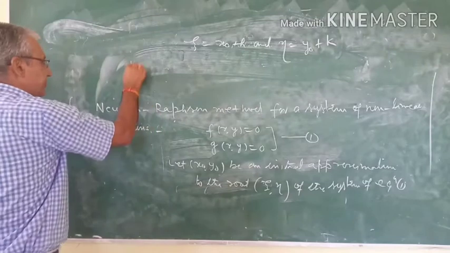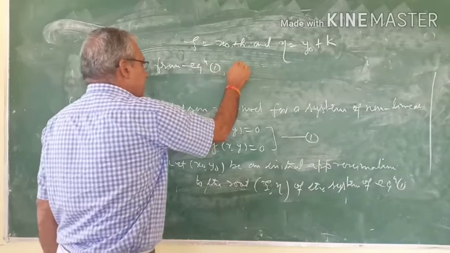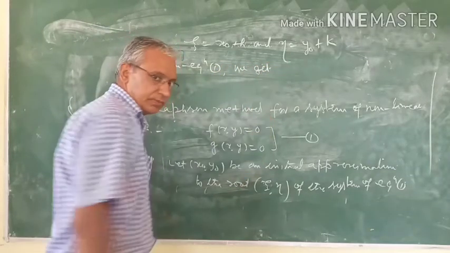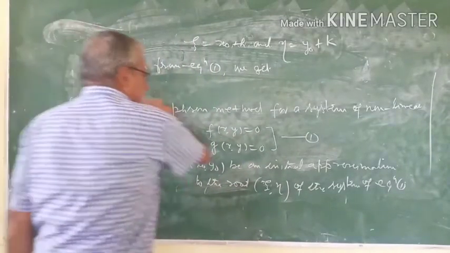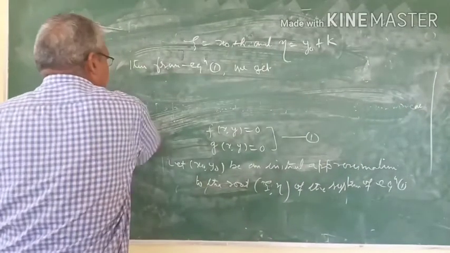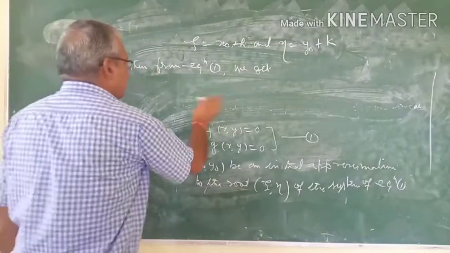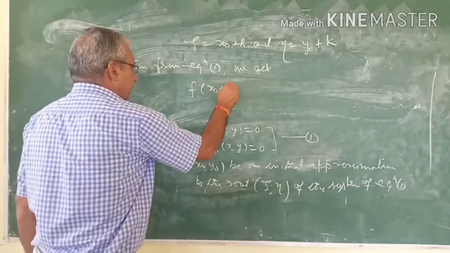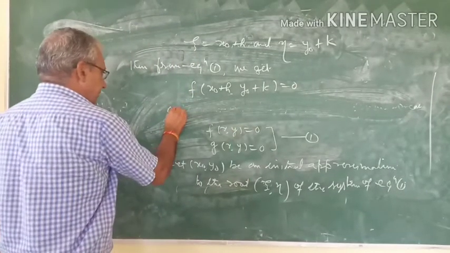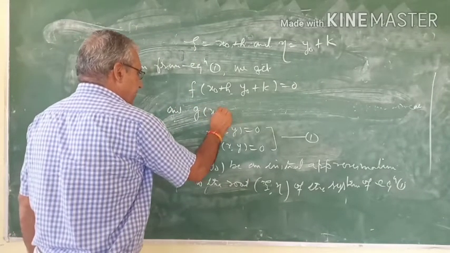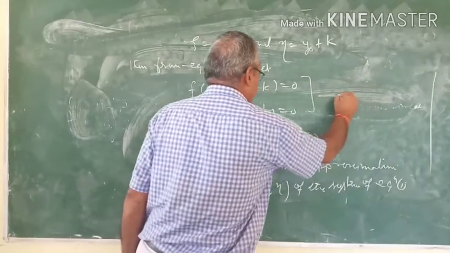Then from equation first, after substituting the values of x and y, we have f of (x0 plus h, y0 plus k) equal to 0 and g of (x0 plus h, y0 plus k) equals 0.